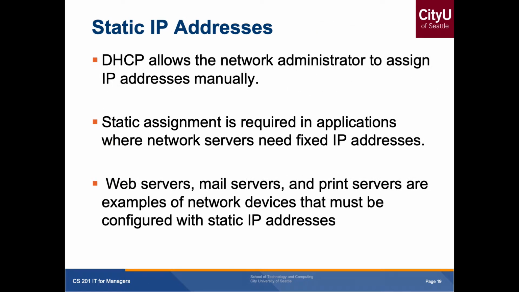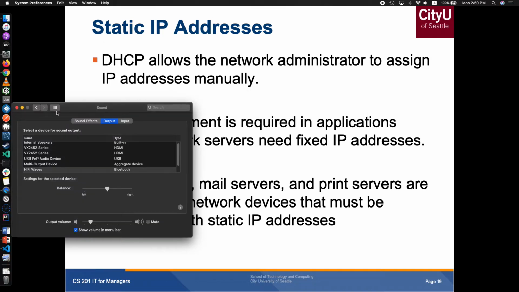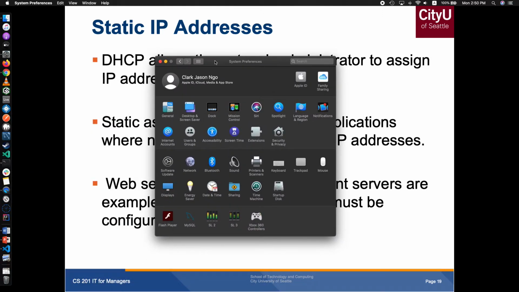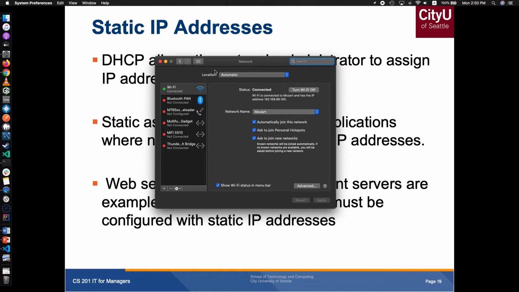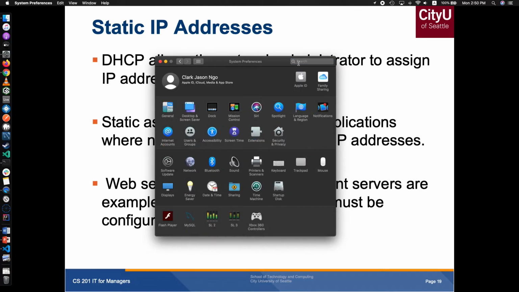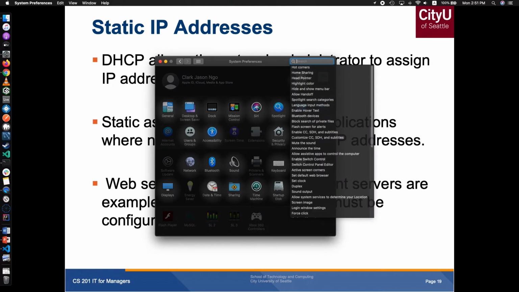Yep. Again, static IP address. Let's see if I do have that here as well. Do I have IP network? Should be network. Let's see if I can grab something here. How about let's Google DHCP.